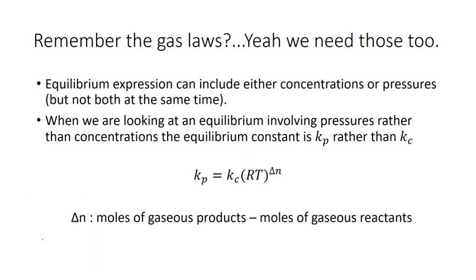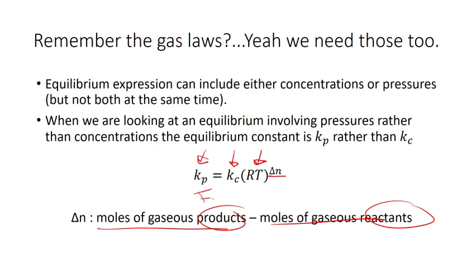The conversion between the two, because we can relate pressure and concentration, is RT, which should be a familiar term from our gas laws unit, where the equilibrium constant dealing with pressure is equal to the one dealing with concentration times RT raised to the change in the number of moles. Anytime you have change in, you're looking at final minus initial, or products minus reactants. Final minus initial.